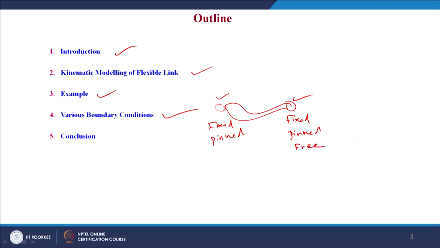These are the various boundary conditions, just the names of those conditions, and of those only one condition we are going to see, because the rest we will be seeing in the next lecture, and finally conclusions will be drawn.